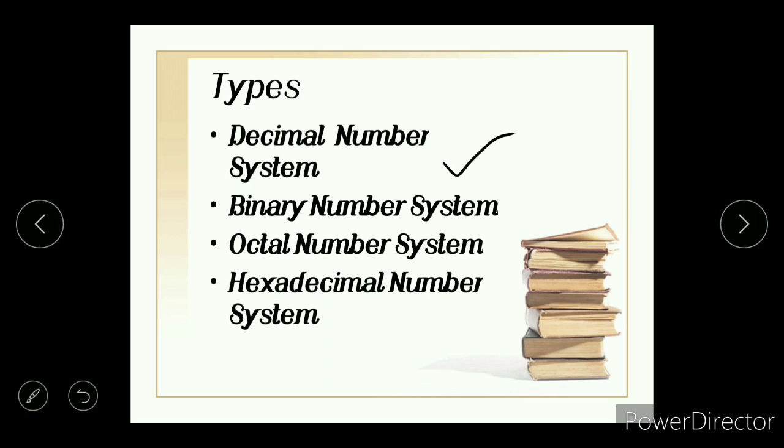Till date, we have only used decimal number system. This is what we have studied from our childhood. The remaining 3, that is binary, octal and hexadecimal number system, are used by the computer system. Let us first start by studying decimal number system, or I'll say by revising decimal number system.